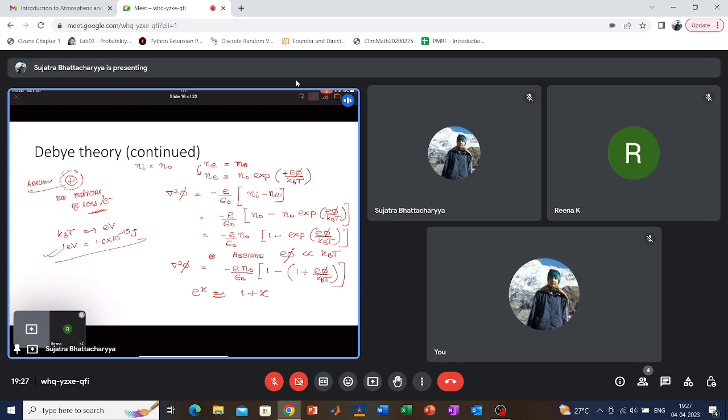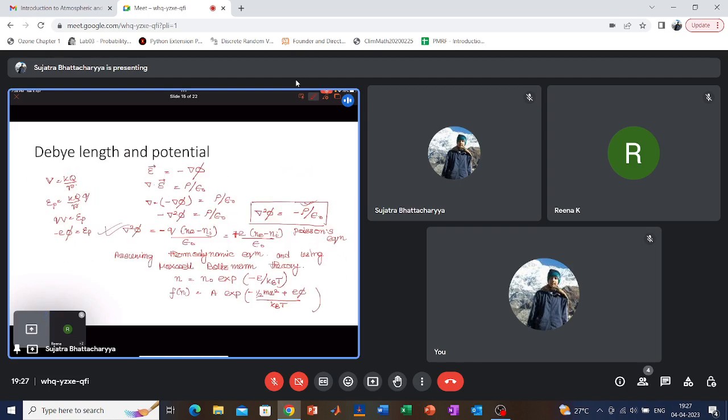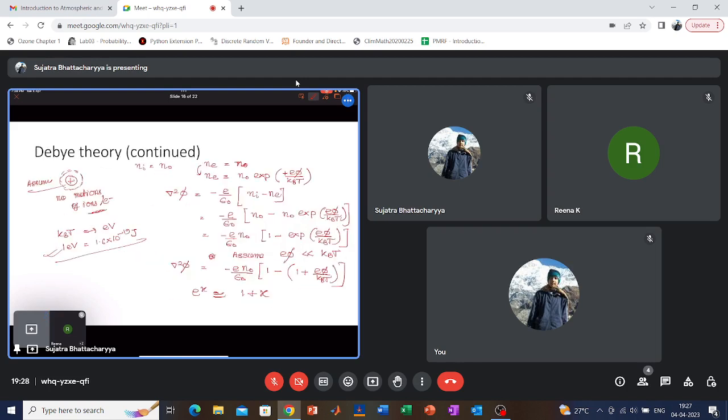Okay, so now next, also this is the plasma frequency again. Just a minute. So I will just erase this portion because we know this particular thing. Okay, now this becomes grad square phi will be minus E n naught divided by epsilon naught.